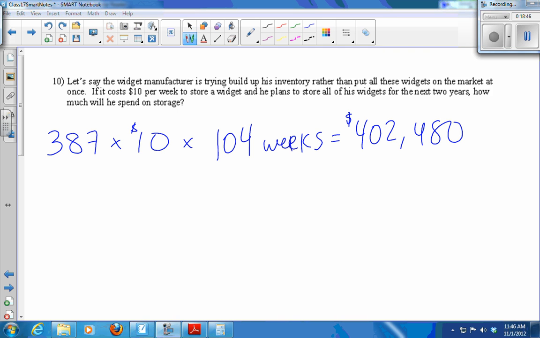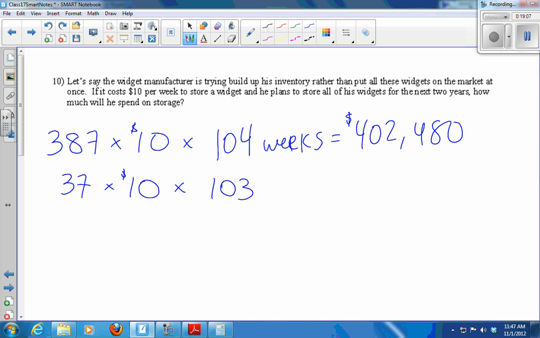Okay, so I've had several people start to think this through, and some people are saying, okay, well, next week I'm going to produce 37 widgets. I have to spend $10 a week to store them for how many weeks? 103.